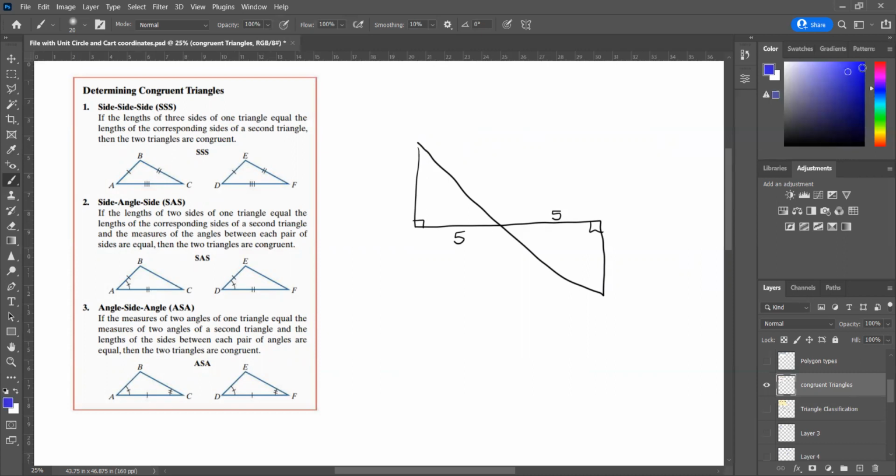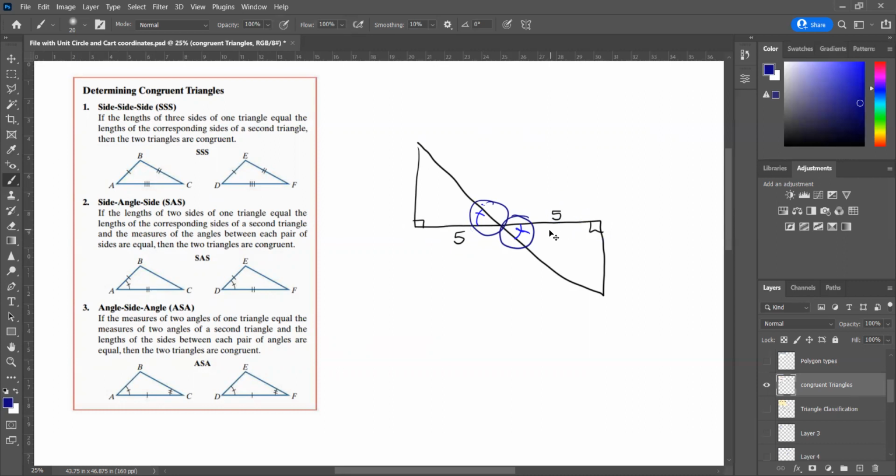Now here in the middle, notice these two angles have to be equal to each other because they're vertical angles. And if those are equal, now what have we got? We've got two angles that are equal to each other, that one and that one. And then we've got a side between there that's equal, and then we've got these two angles are equal to each other.